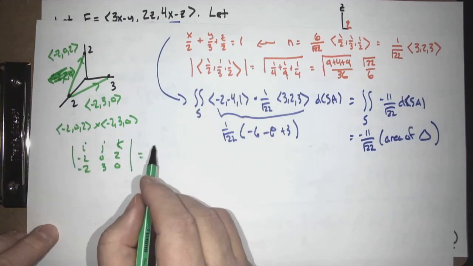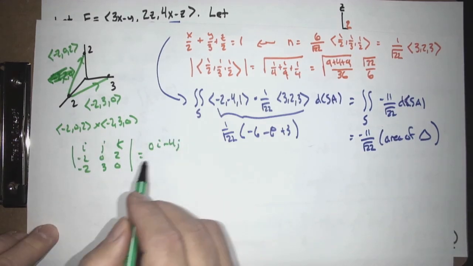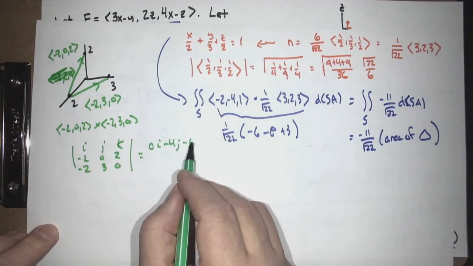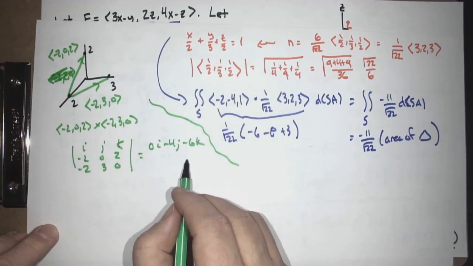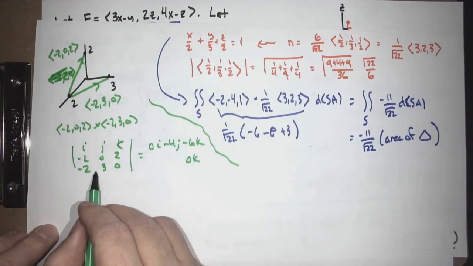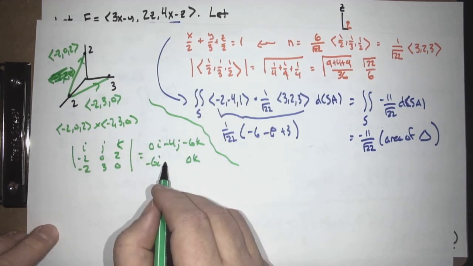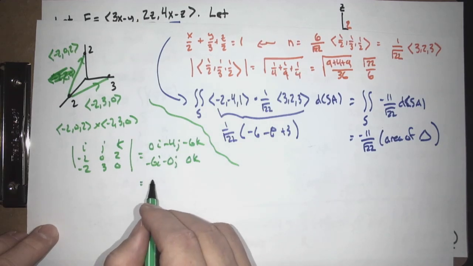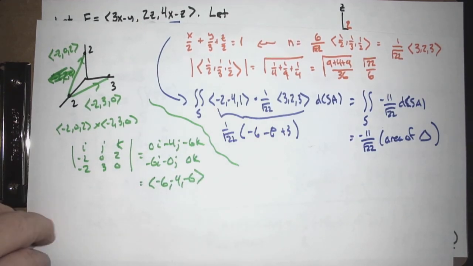We have 0i, -4j, -6k. Other direction, 0k, -6i, and 0j. So we end up with -6, -4, -6.